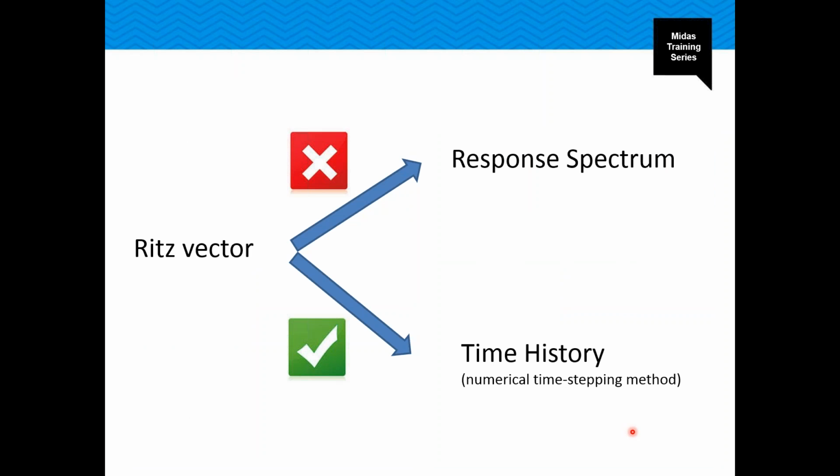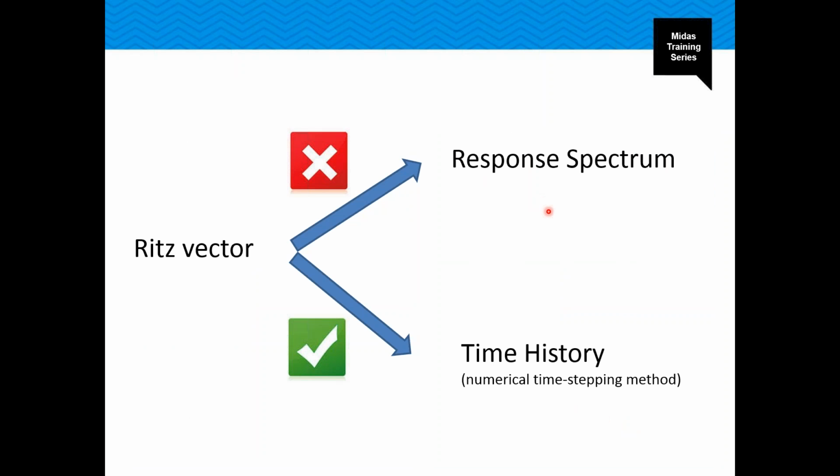Therefore, it is important to know that the Ritz vector method should not be used for response spectrum analysis to obtain displacements, member forces, and base shear, because the frequencies and mode shapes obtained from the Ritz vector method are approximate results.